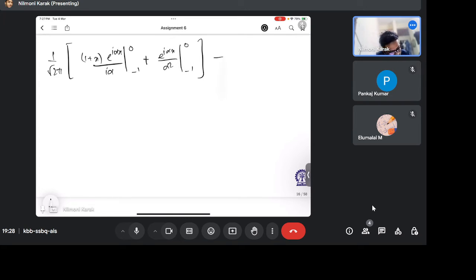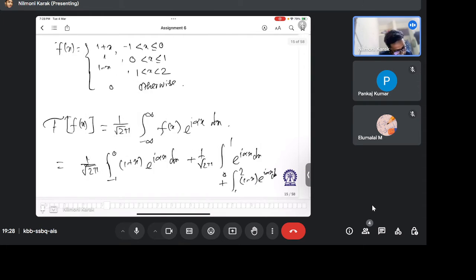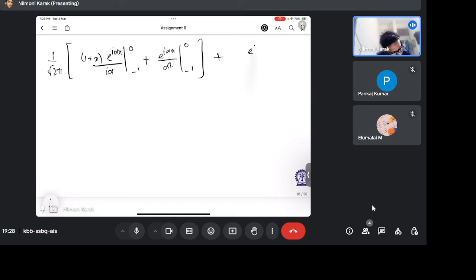And plus, you have e to the power i alpha x divided by i alpha, with 1 by root 2 pi also there, from 0 to 1.